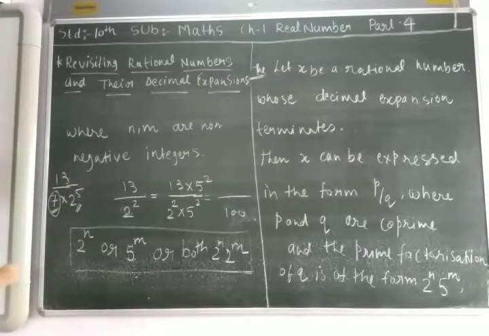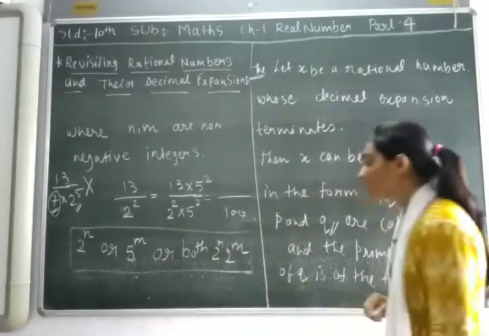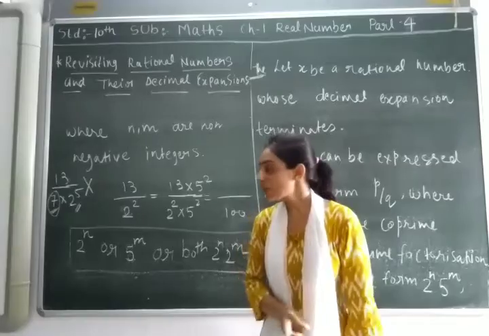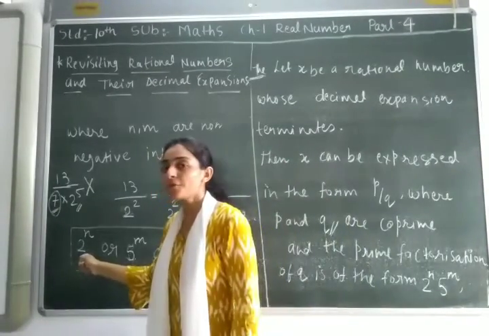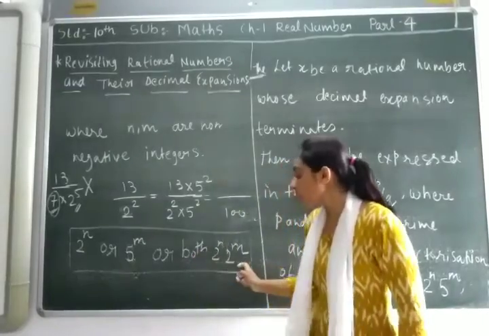We cannot say anything about 7, so we can say this is non-terminating. Understood? The theorem says the denominator should be in the form of 2 raised to n, 5 raised to m, or else both.